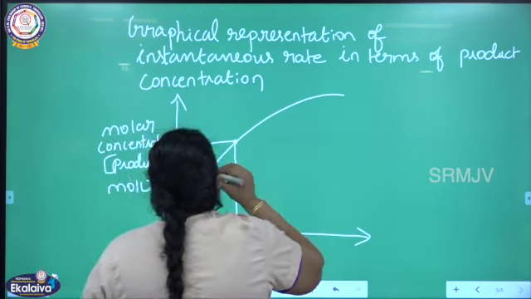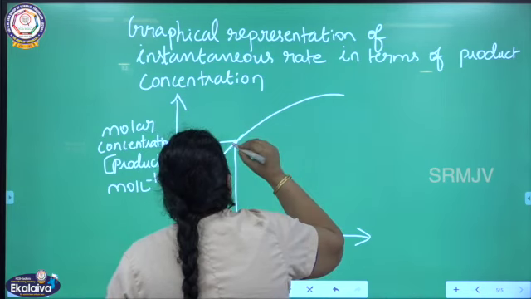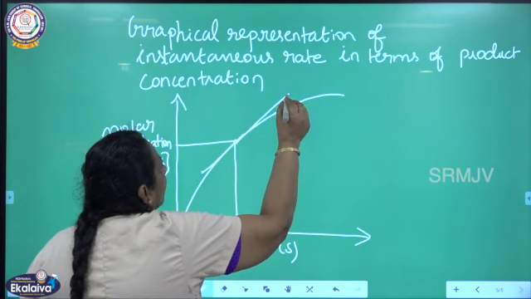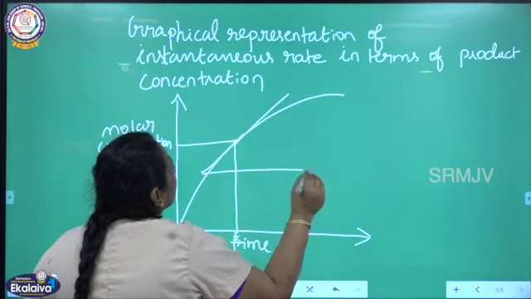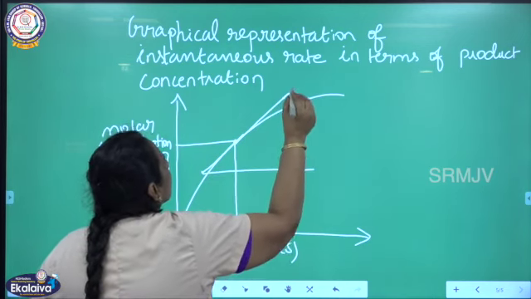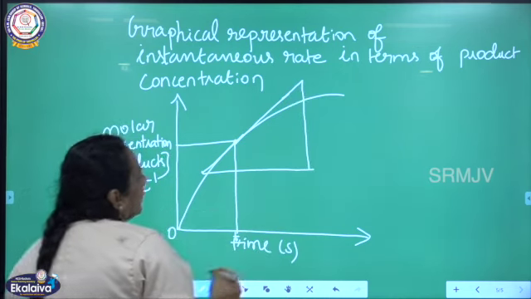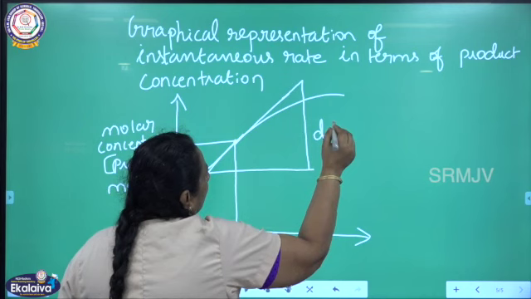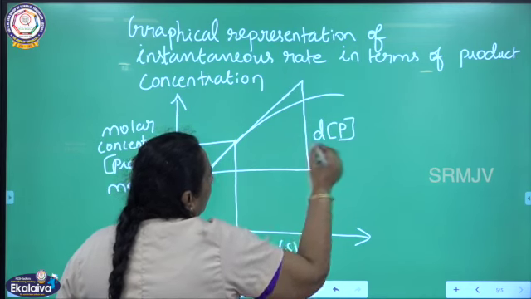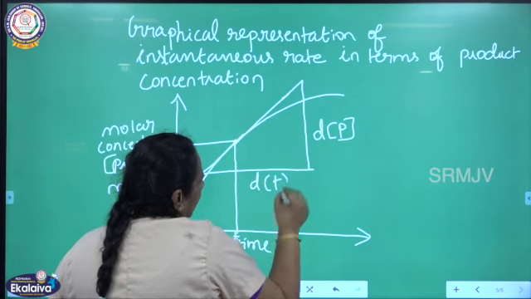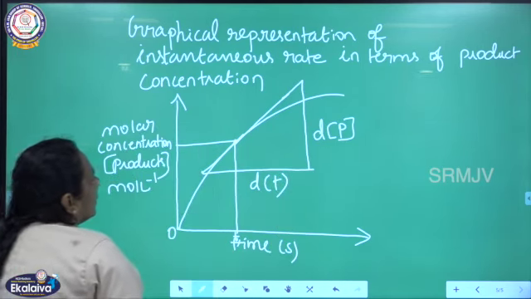If I draw a tangent at this point, the slope of the tangent gives the instantaneous rate in terms of product concentration.